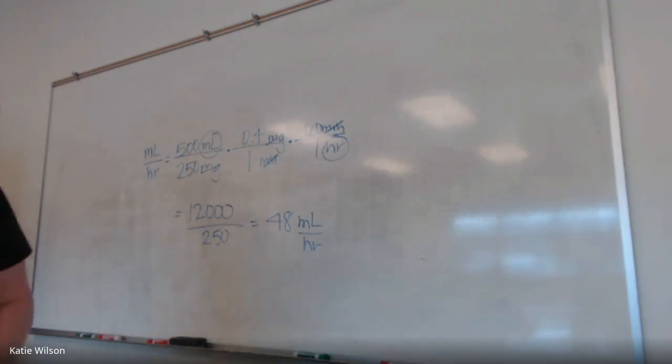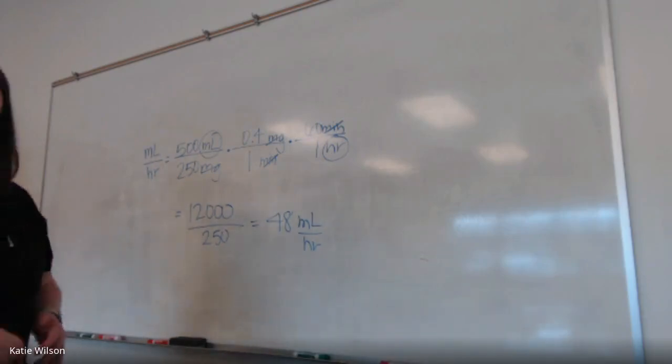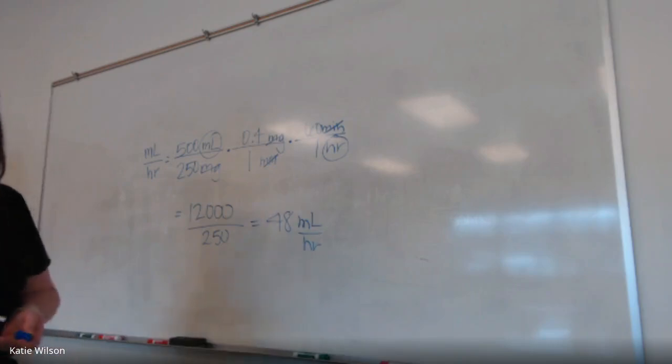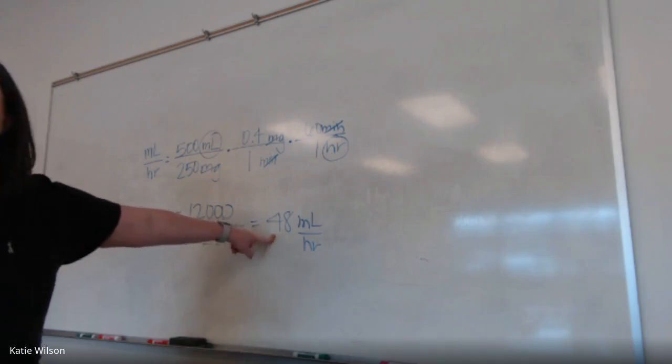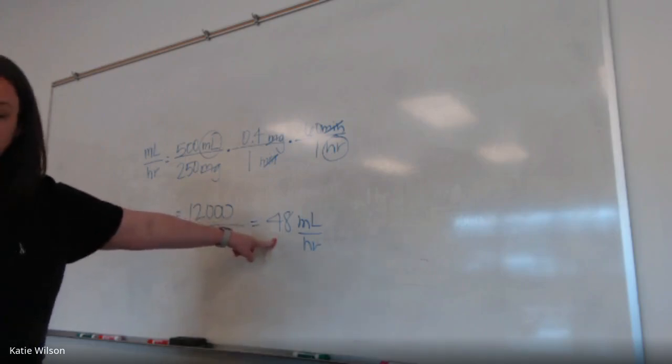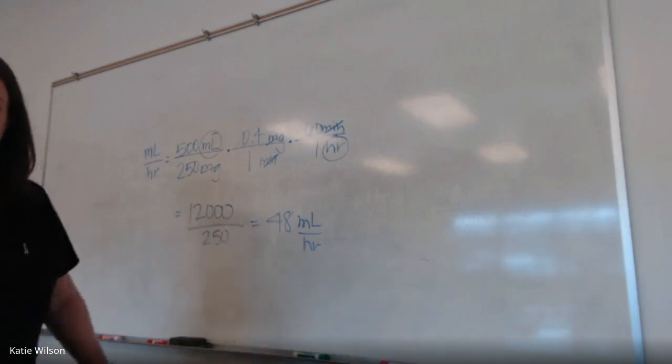Okay. So in order to infuse that fluid at the rate the doctor ordered of the milligrams per minute, we have to set the IV pump to run 48 milliliters per hour, and that will deliver that desired dosage. Okay.